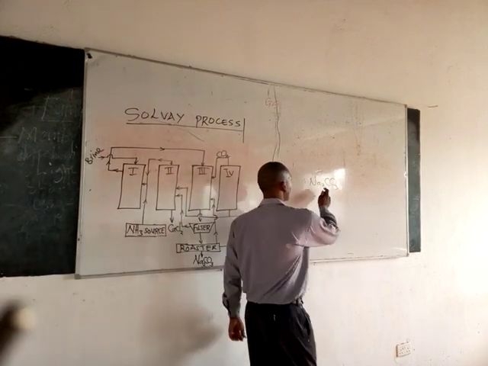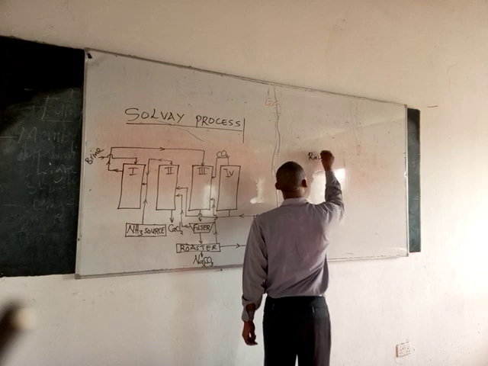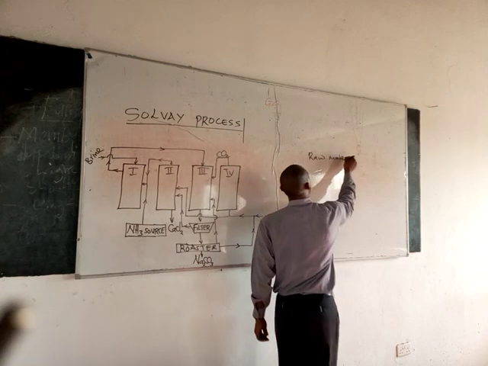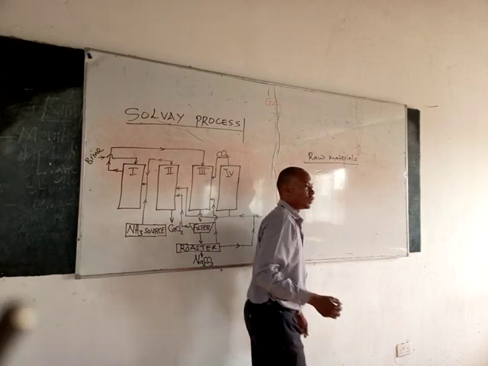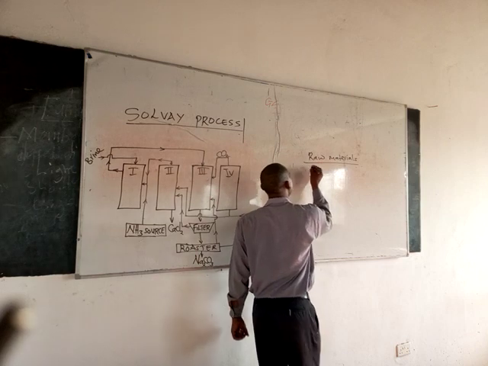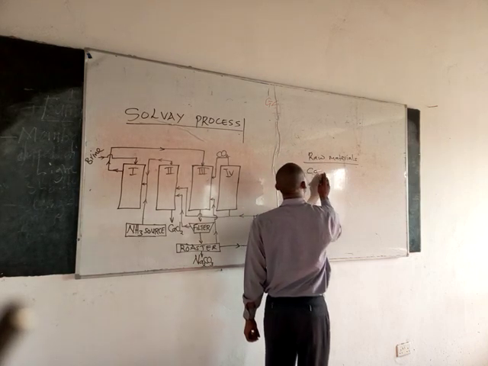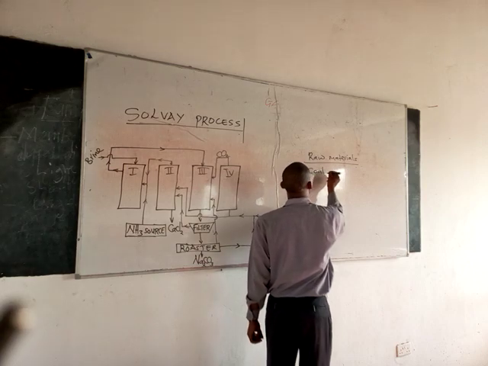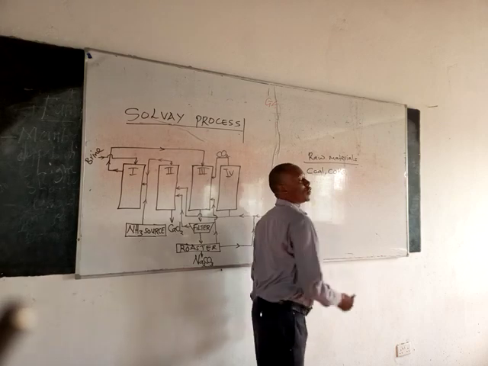The raw materials for this Solvay process include the following. We have coal. We also have coke.